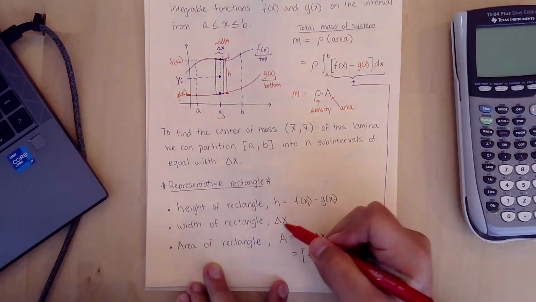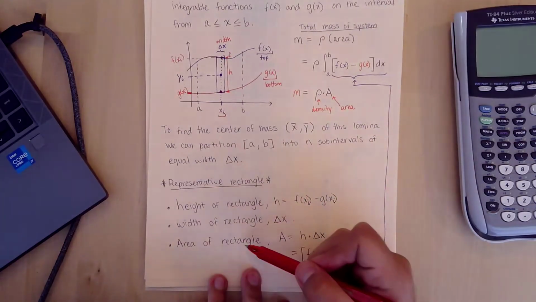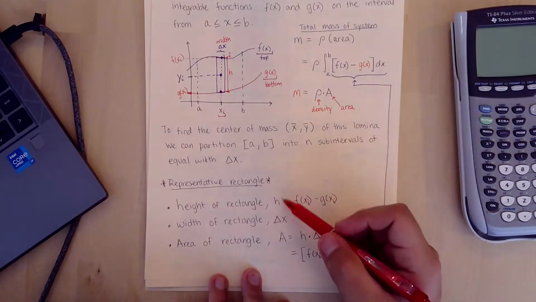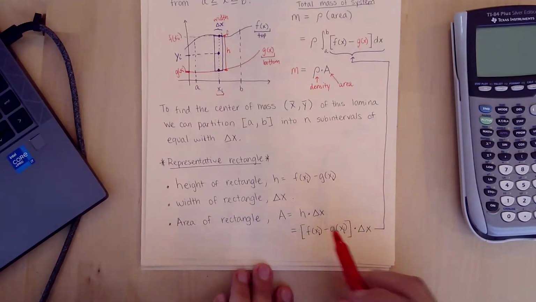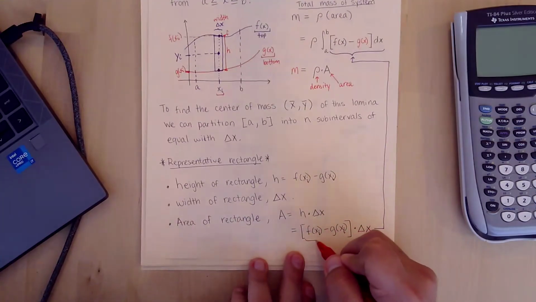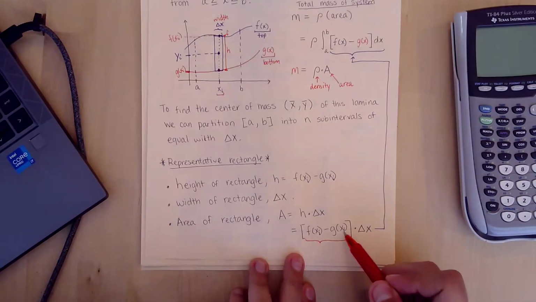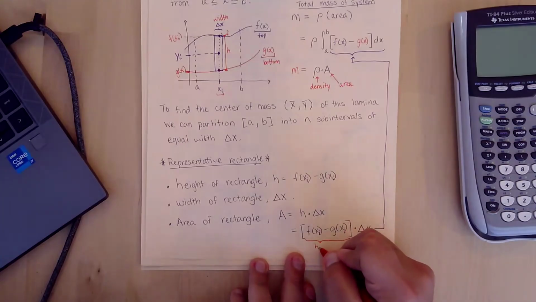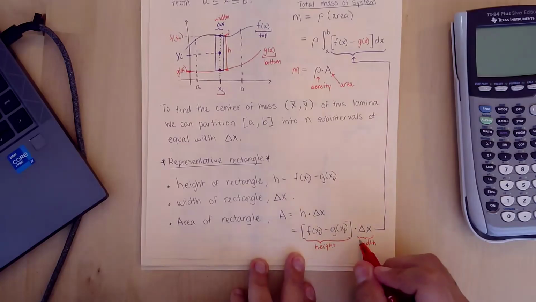We know that the width of the rectangle is delta x, right? So that means that the area is just going to be the length times the width, or the height times the width. So that's just going to be h times dx, or delta x, which is f of xi minus g of xi, the height, times the width of that rectangle.